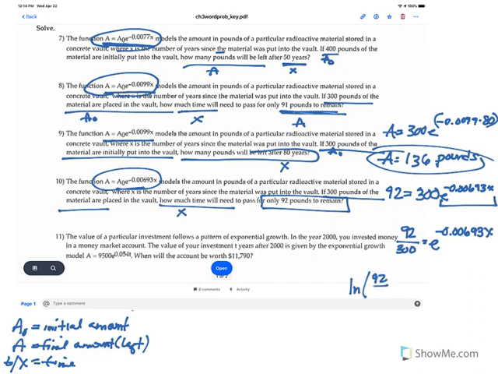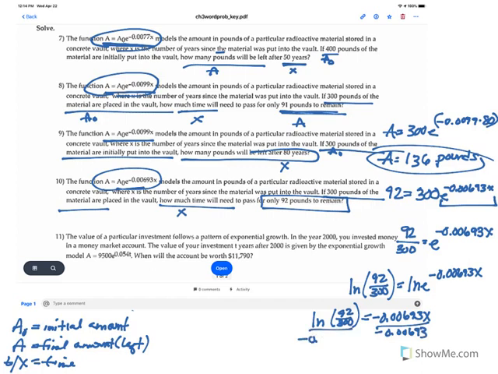And then once you do that, you have to take the ln of both sides. So we take the ln, and so when we do that, this is where we are. We would divide by that negative coefficient on both sides.